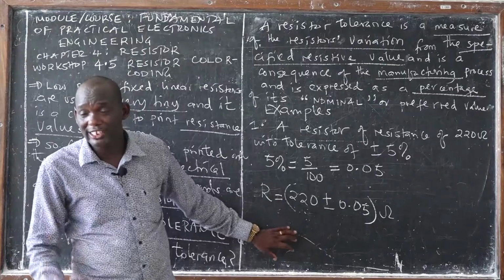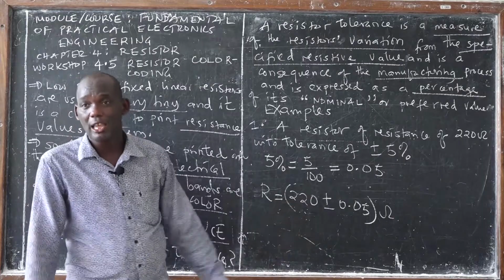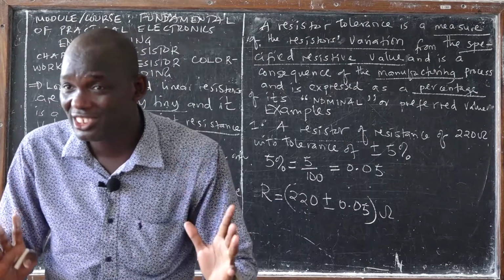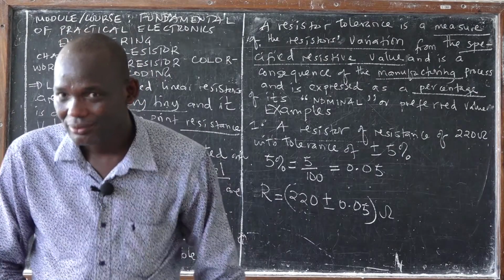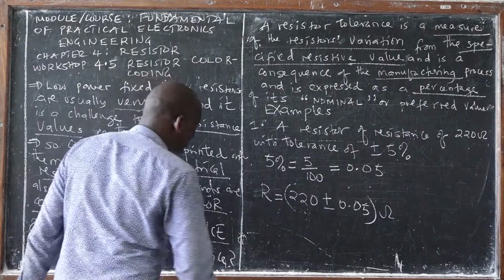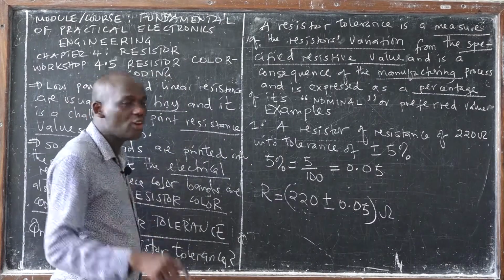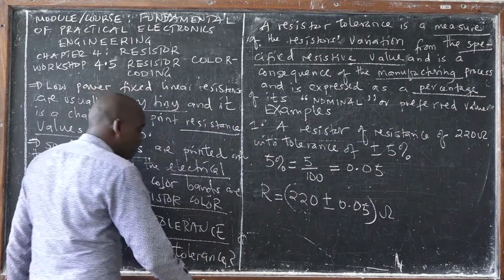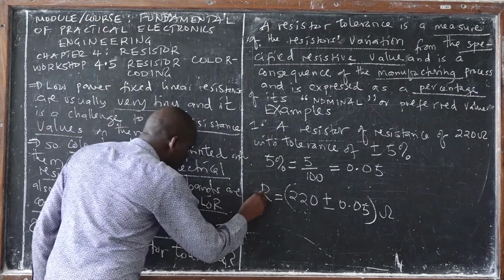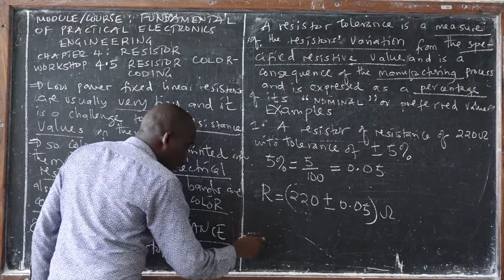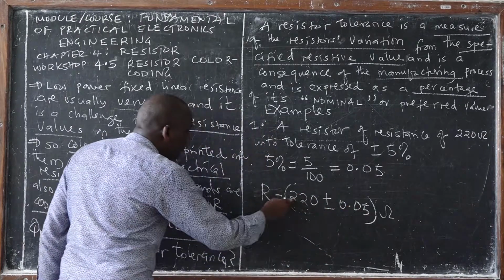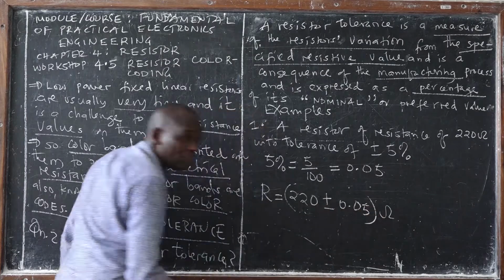In A level, you learned the topic of error, and you learned how to solve questions, but you never learned how to use it in real life. This is wonderful. Then we go to the mathematics of the inequality. The resistance of this resistor has these values: 220 plus 0.05 and 220 minus 0.05.